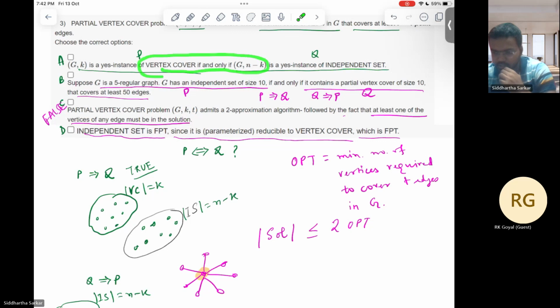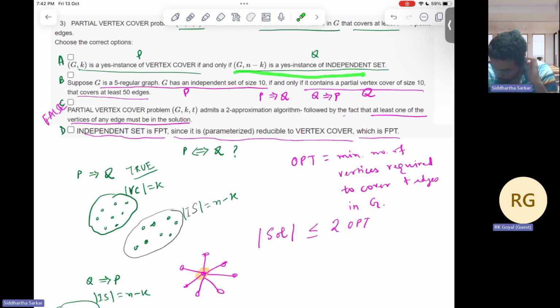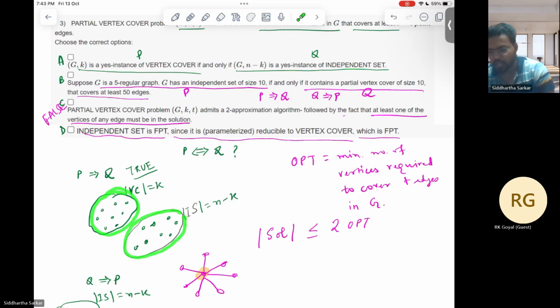It says that if you are asked to find an n minus k sized independent set in a graph, you can convert the independent set problem into the vertex cover problem by asking somebody to find you a k sized vertex cover. As soon as somebody finds a k sized vertex cover for you, you output the rest of the vertices and declare that you have an n minus k sized independent set. So if somebody finds a vertex cover for you, you can immediately report an independent set, isn't it?